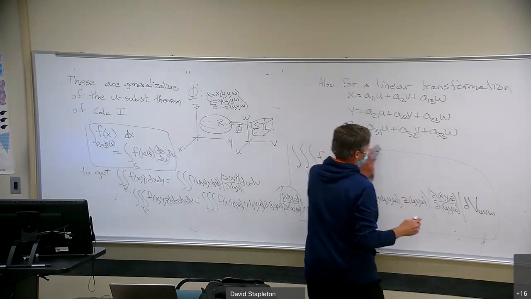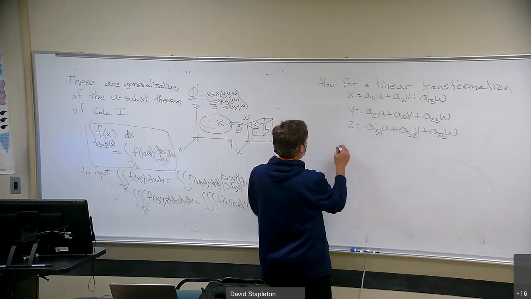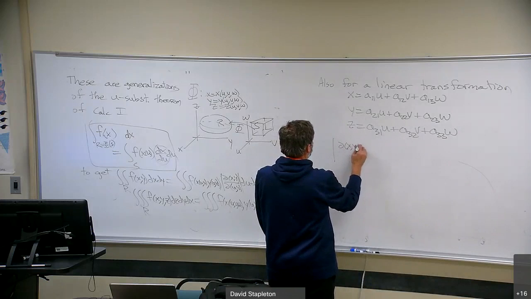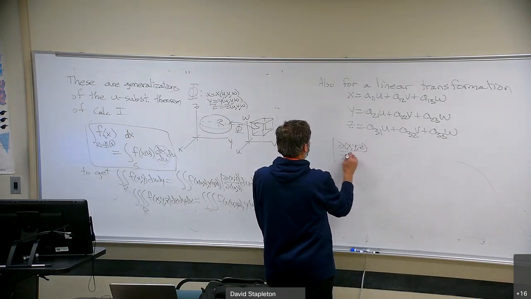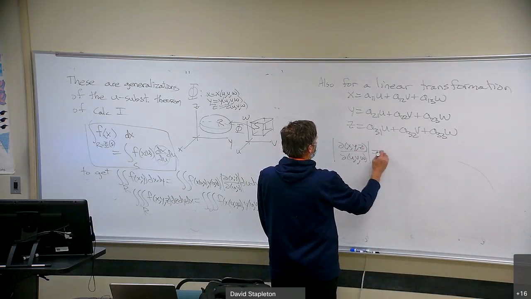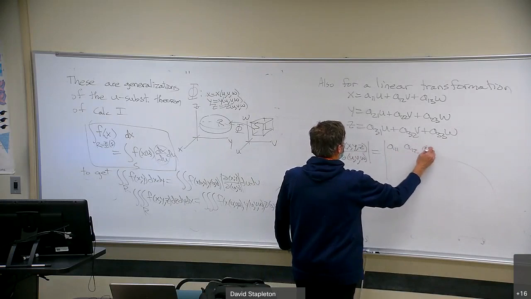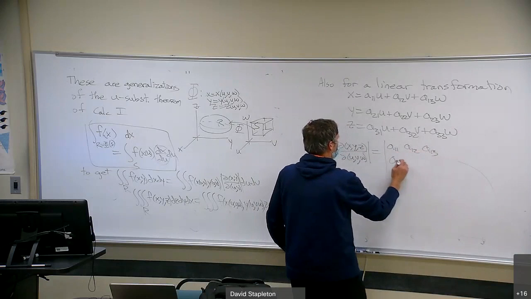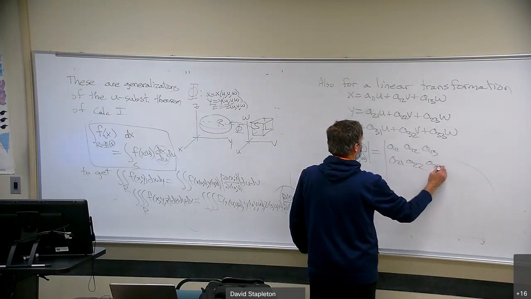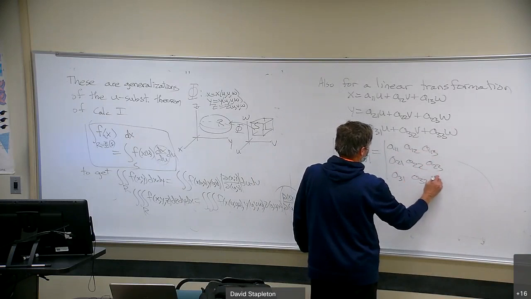The Jacobian absolute value is this determinant, just the one we showed there, A11, A12, A13, A21, A22, A23, and so on. It is a constant, right?